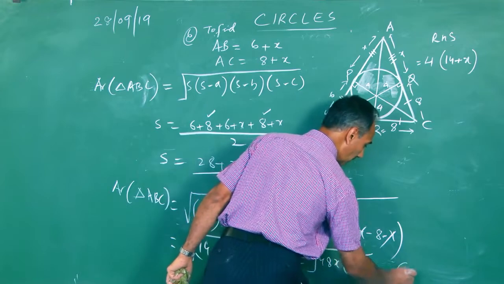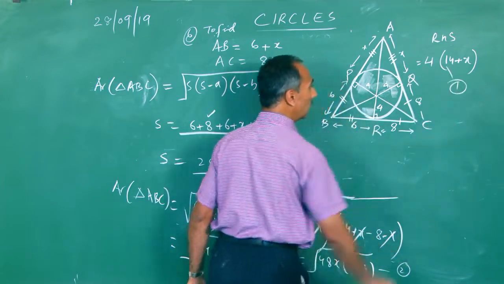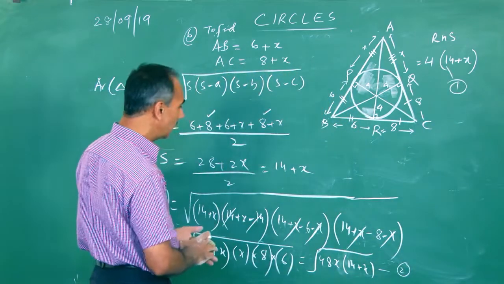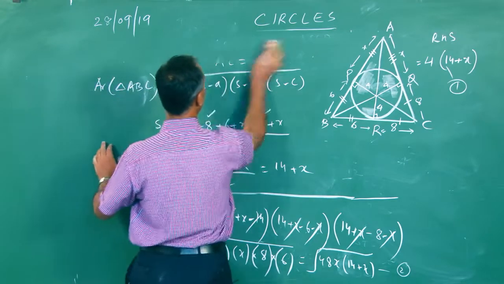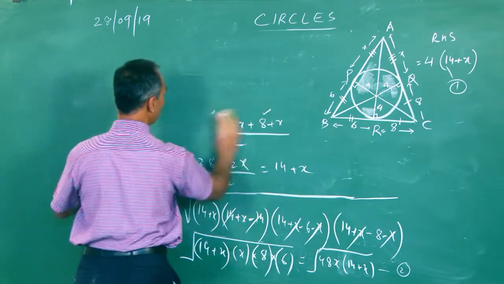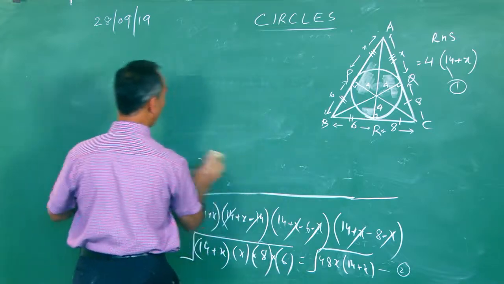So this was my equation 2. This was my equation 1. What I will do, I will equate them because the area is same. So if we equate them, we are getting an equation in terms of x.